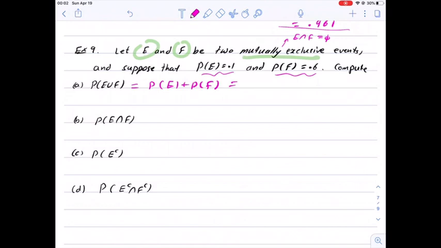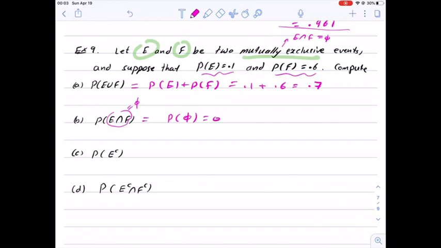We don't need to subtract the intersection because they are mutually exclusive. Probability of E is 0.1 plus probability of F is 0.6, and that's 0.7.